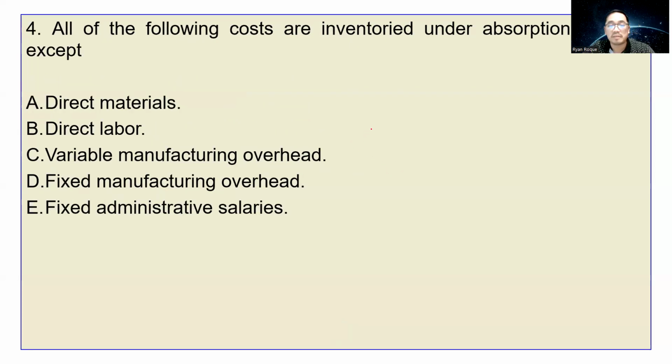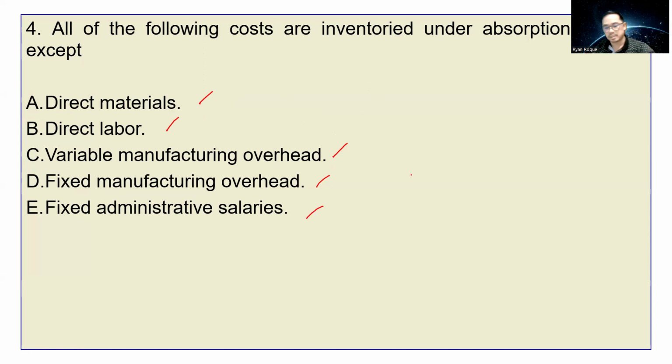So number 4, all of the following costs are inventoried under absorption costing, except, okay? So which one is the exception? Inventoried under absorption. So is it the direct materials? Is it the direct labor? Or the variable manufacturing overhead? The fixed overhead? Or the fixed admin salaries?